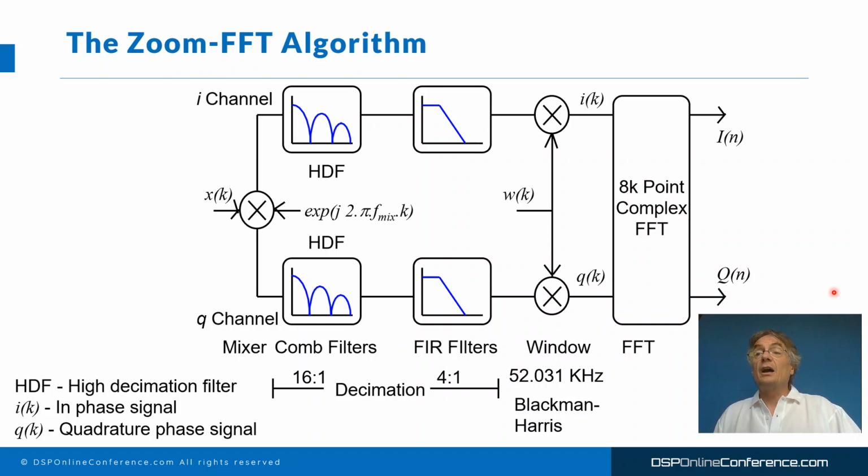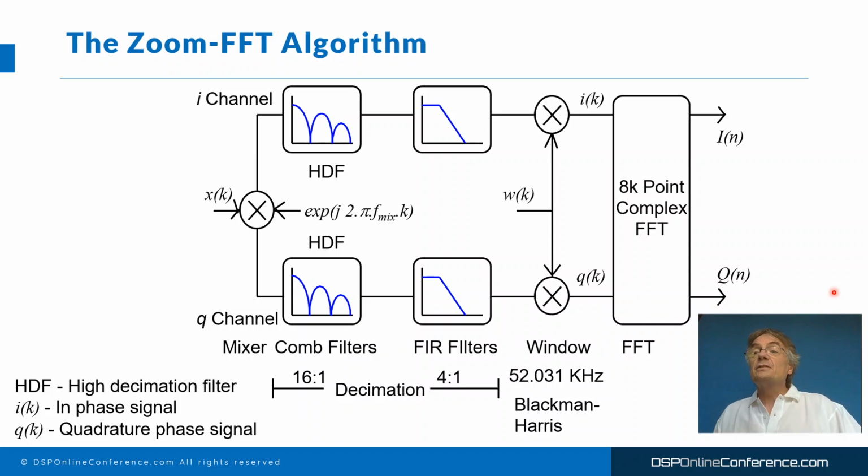So we've got the cosine for the in-phase or the real channel, and the sine for the quadrature or the imaginary phase signal. We then filter our signal down to baseband, where we perform our 8K point FFT that we talked about earlier.